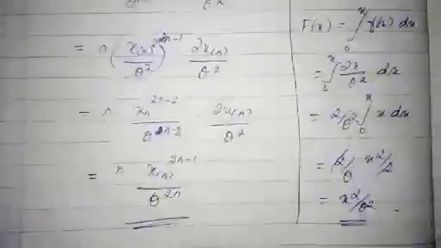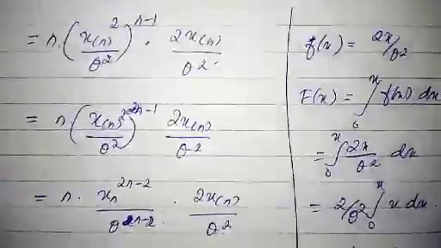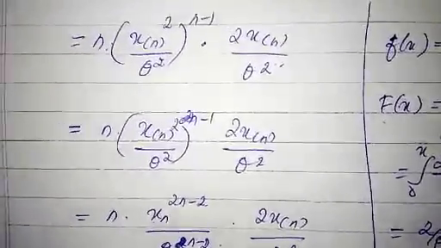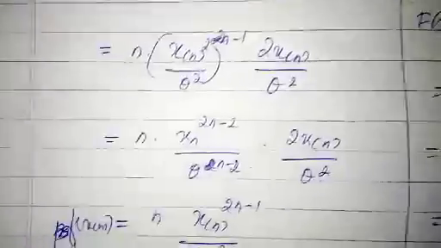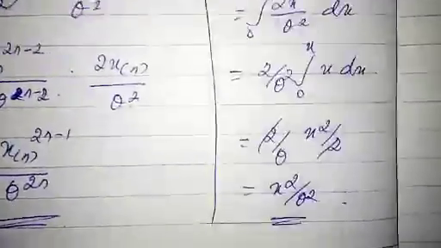Okay, then here we got f of xn, the nth order density, right?